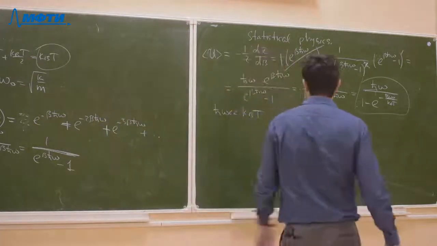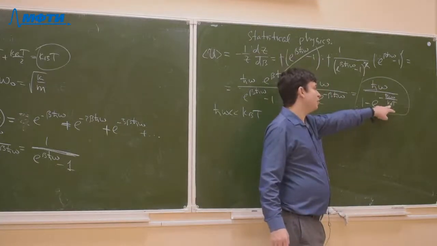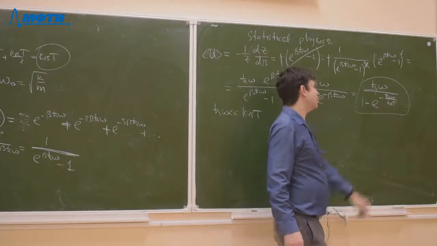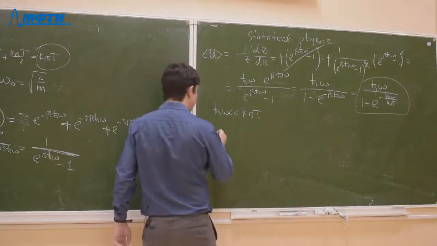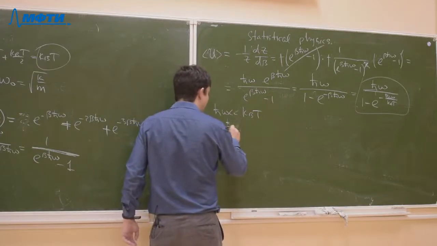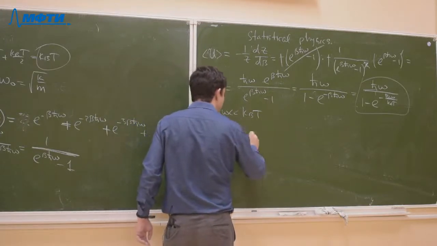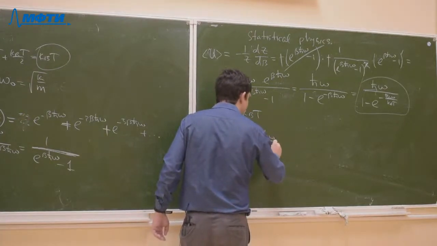Then in this exponential we have a very small quantity here, and we can use a Taylor series expansion: e to the power minus h omega over kBT is approximately equal to 1 minus h omega over kBT.